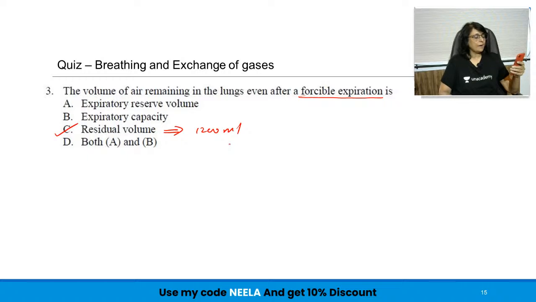All right. Anju, why is the confusion? Why do you think expiratory reserve volume? Because normal inhalation 500 goes in, normal exhalation 500 comes out. Now after normal inhalation, when you're forcefully exhaling, this expiratory reserve volume is coming out. So after that forceful expiration, what remains in your lungs is the residual volume. Okay?